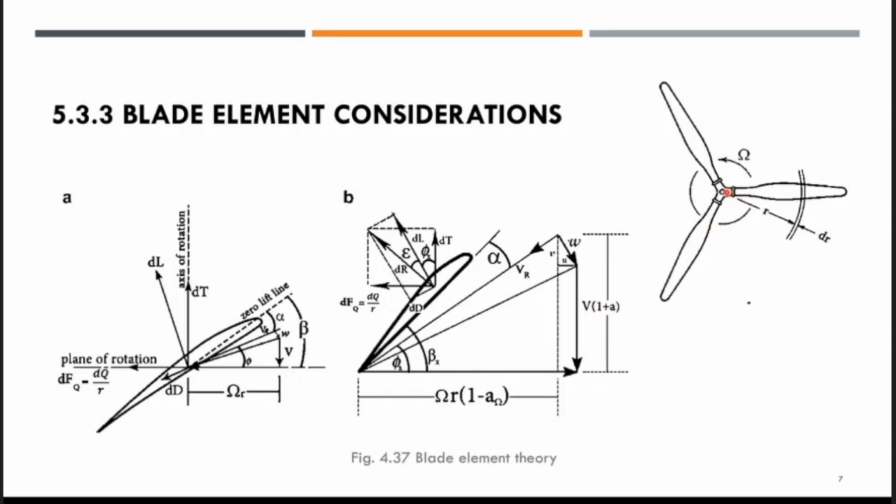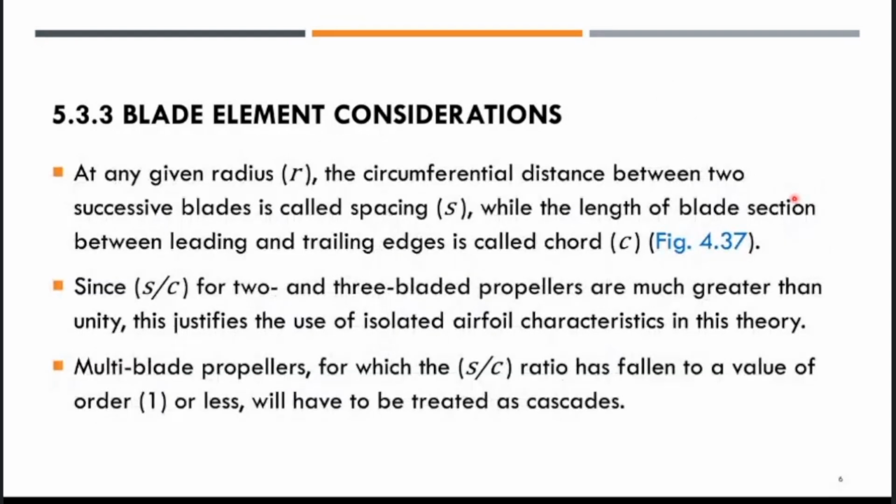Imagine you have this 3-bladed propeller with a radius r. The cross section between the leading edge and the trailing edge is called the chord of the blade.